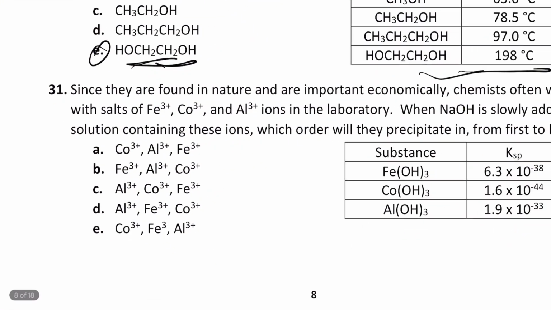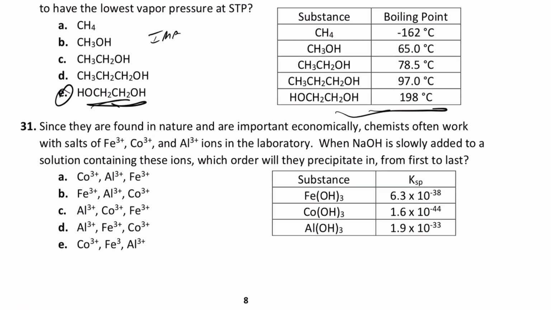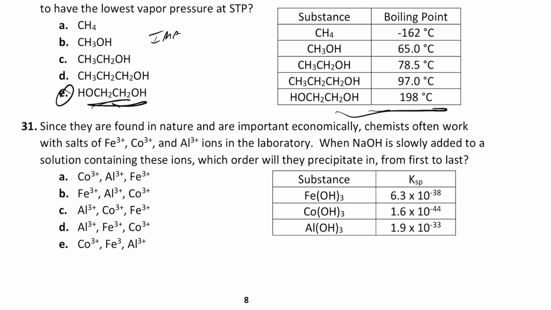All right, so Ksp. Since they found blah blah blah, when adding NaOH slowly to the solution, which order will they precipitate in from first to last? So you have to look at Ksp. Ksp represents the amount that's being dissociated.